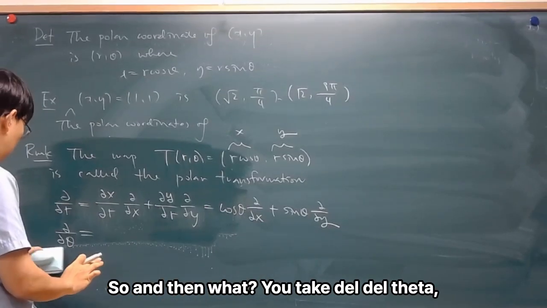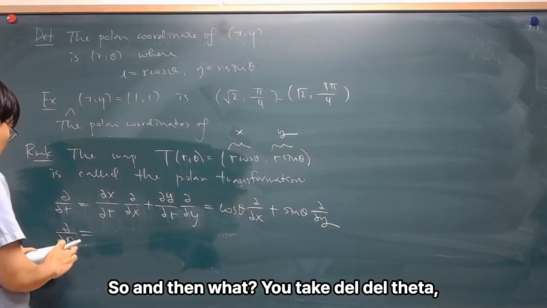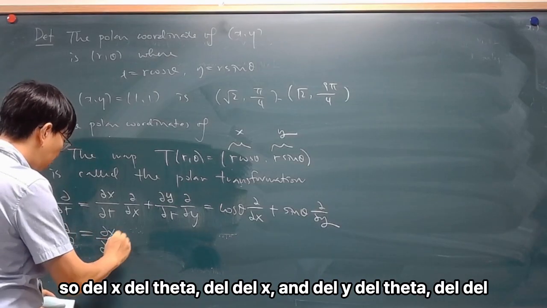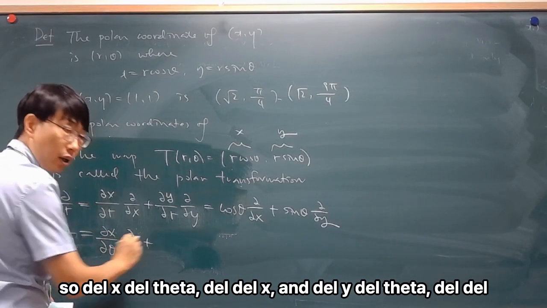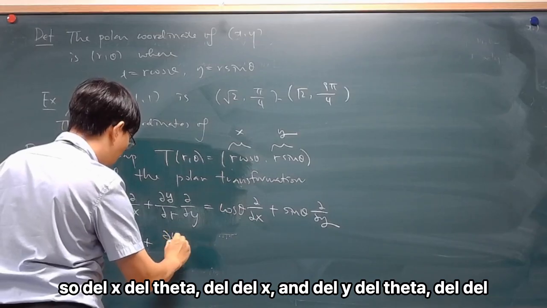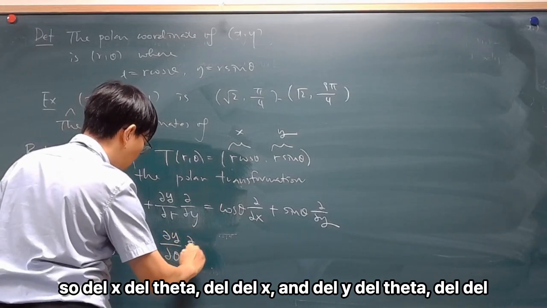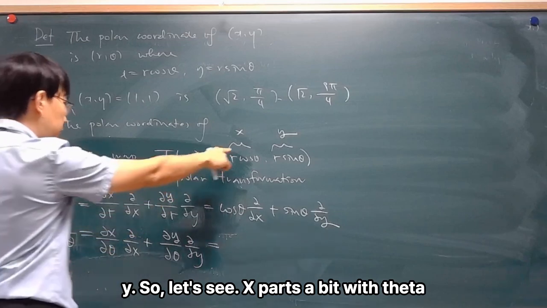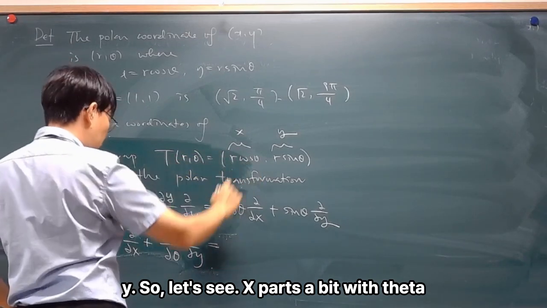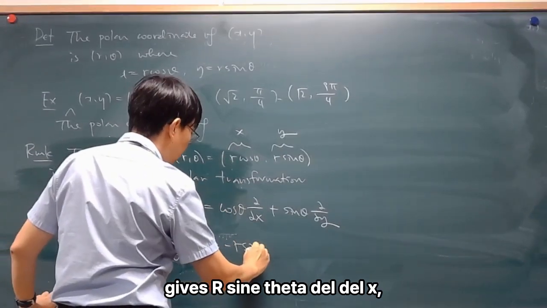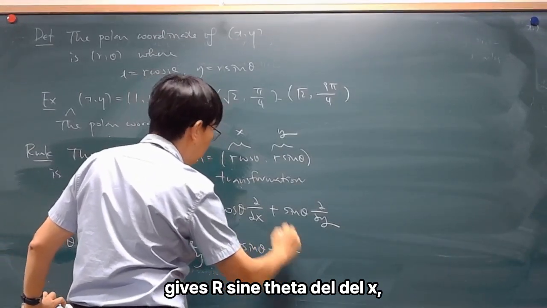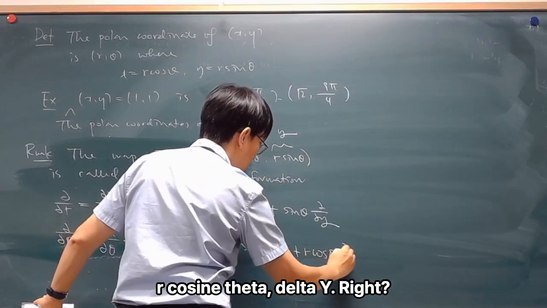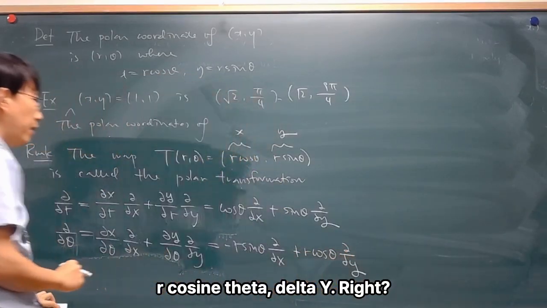Then for delta theta, you take partial x over partial theta delta x, and partial y over partial theta delta y. So x partial derivative with theta gives negative r sine theta delta x, and here you get r cosine theta delta y, right?